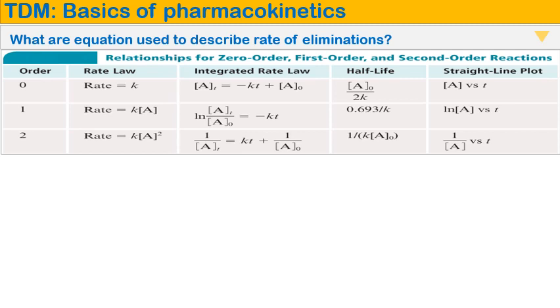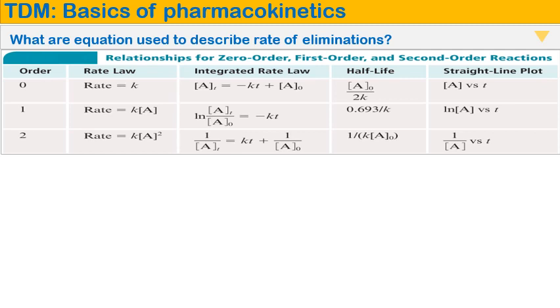Okay. If I want to write the integrated law for the rate, the amount at any time equals minus k multiplied by time plus the amount at zero time. For first order kinetics, we should take the ln to get linear: ln of the amount at time t over the amount at zero time equals minus kt.